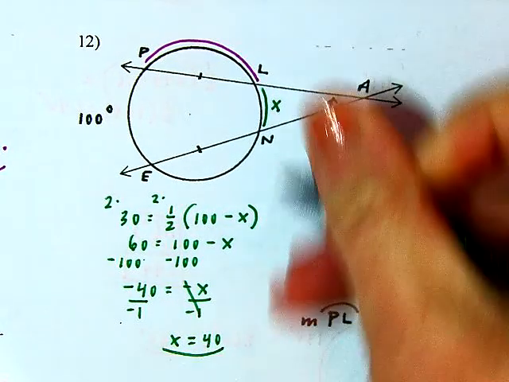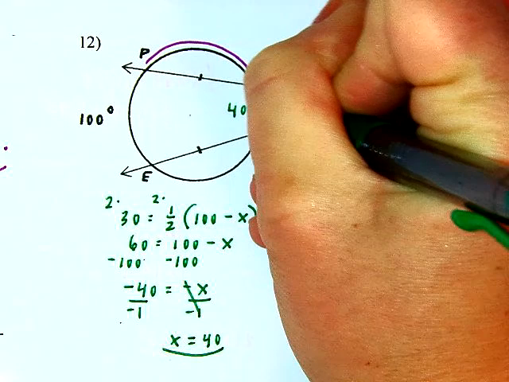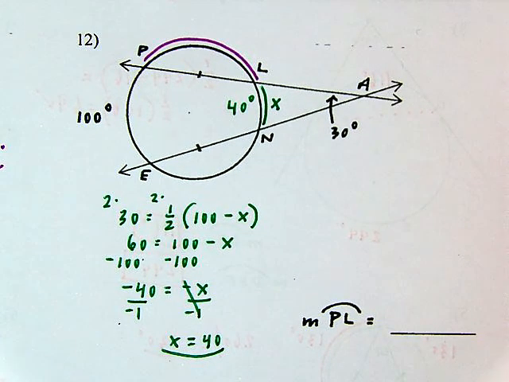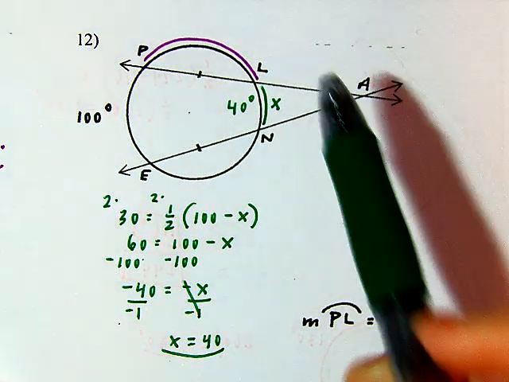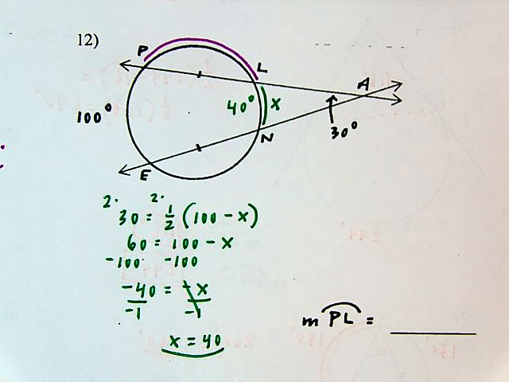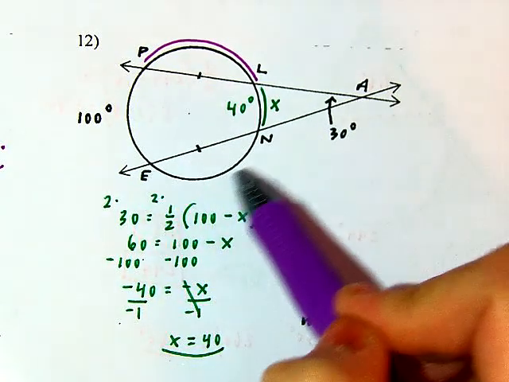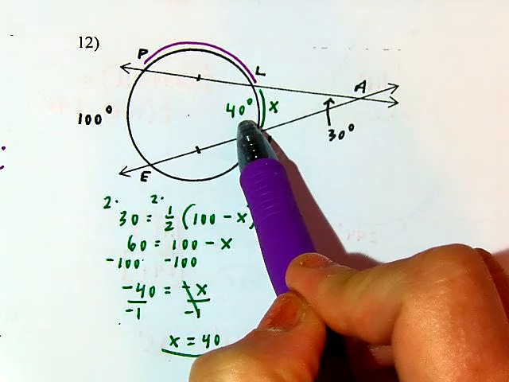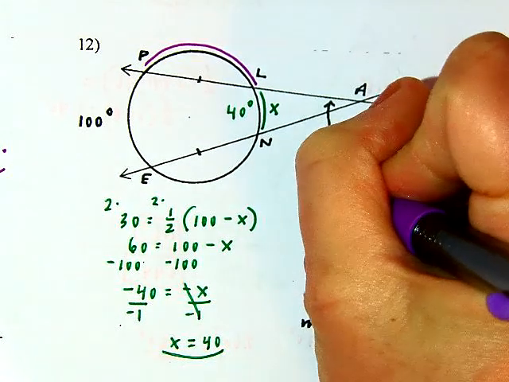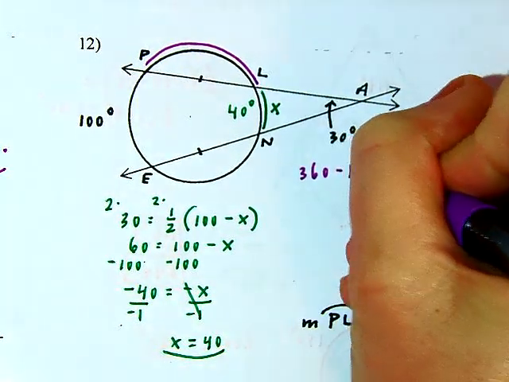Now be careful though, because that's not the final answer. That was just a piece of the puzzle that we needed first before we could move on to get to the measure that we want, this minor arc right here. So right now, we have our whole circle. We've used up 140 degrees. So what's 360 minus 140?